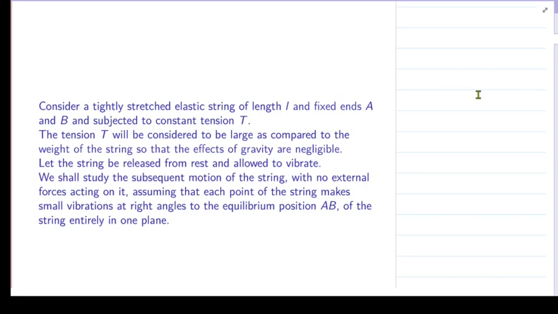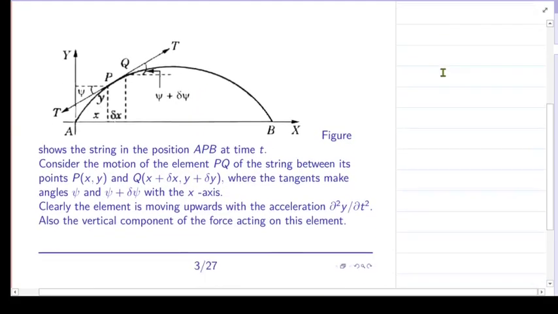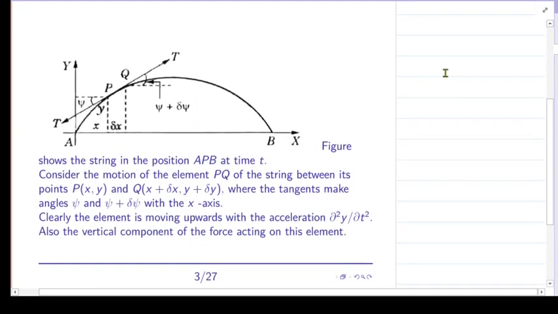Now we discuss the vibration of the string from the equilibrium position AB, and we try to find the displacement of the string at any point at any time t. For this we first of all draw this diagram. The string is attached at both ends A and B, and we have chosen two points P and Q on the string.